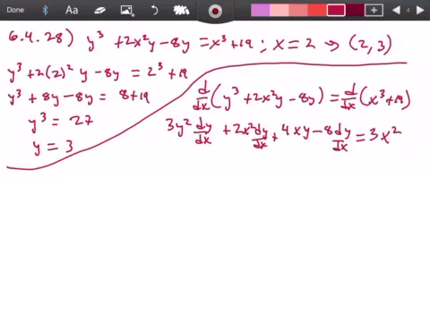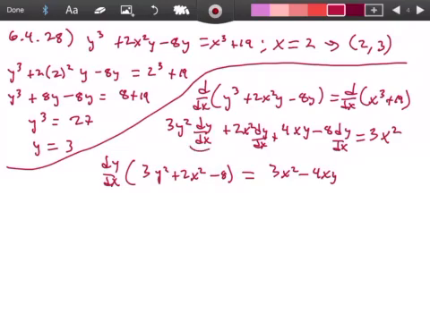All right, now sometimes my math app will say at this point plug in your x and y's, but I like staying in the habit of actually algebraically determining dy dx before plugging in my x's and my y's. So I'm going to isolate dy dx. So dy dx times 3y squared plus 2x squared minus 8 will equal 3x squared minus 4xy.